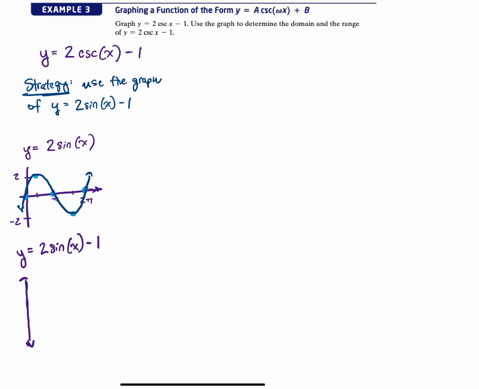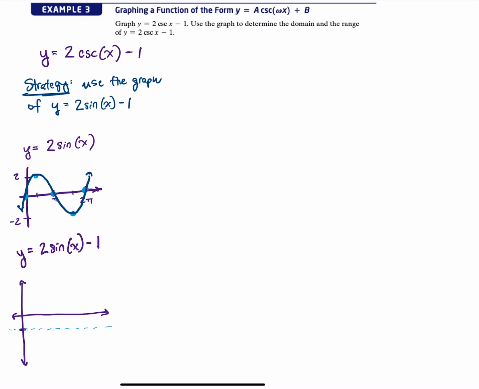Let's make this a little bit bigger. So instead of on the x-axis, I can imagine that central axis is down here at negative 1. It can be helpful to visualize that this isn't an asymptote, but it's the sinusoidal axis.